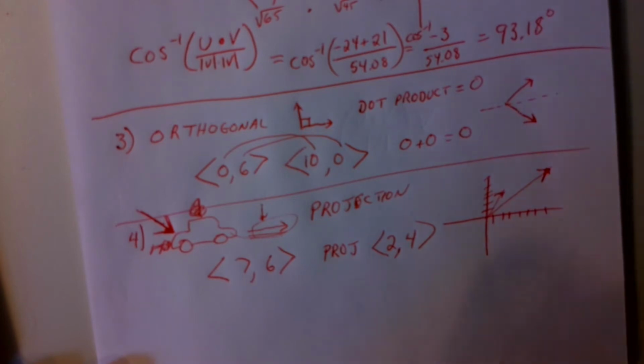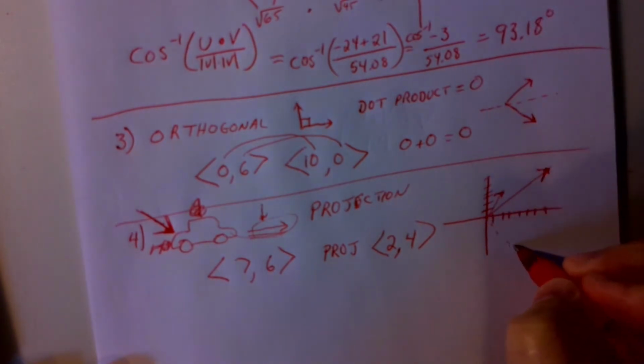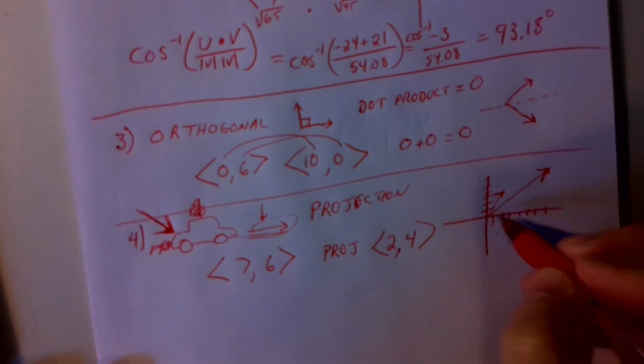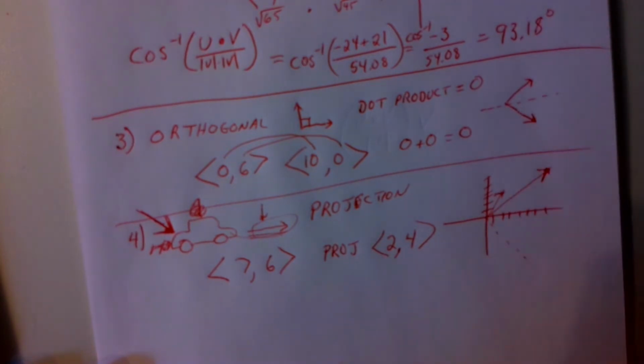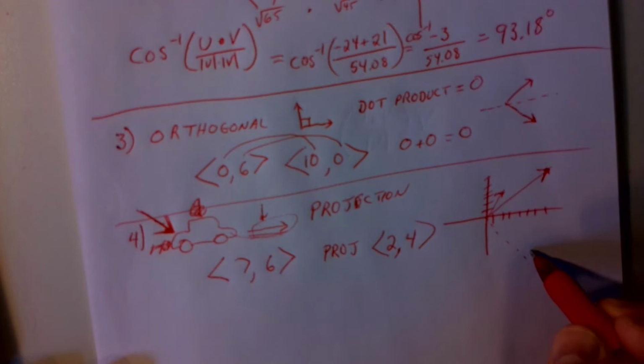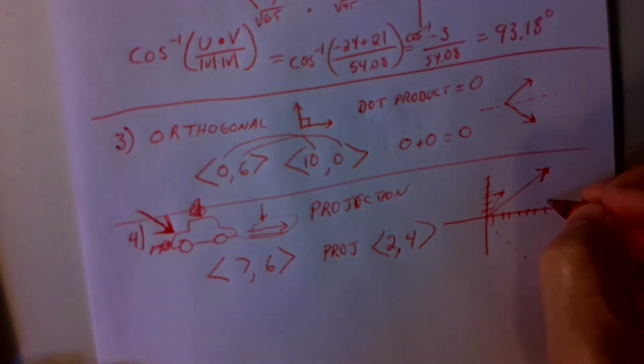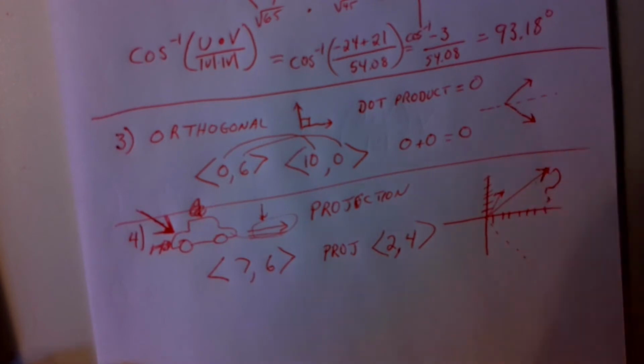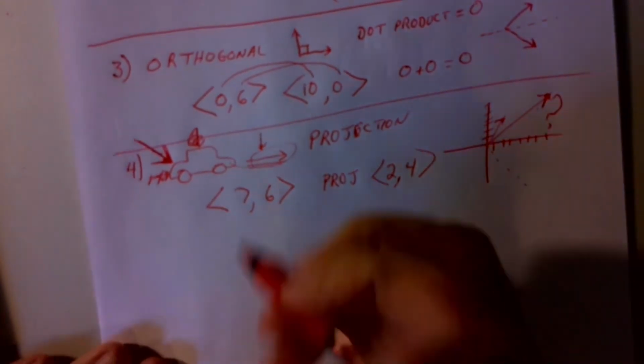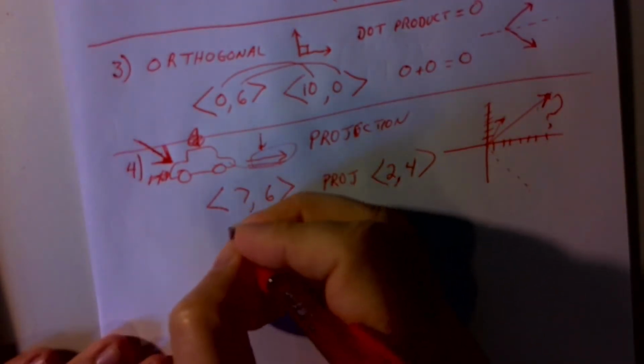Okay, we know that if it was perpendicular to that thing like this, there'd be no effective force. It would end up being 0. But there's going to be something going in this direction. So what is that? That's the question. And we have a formula for that for projection forces, and it looks like this.